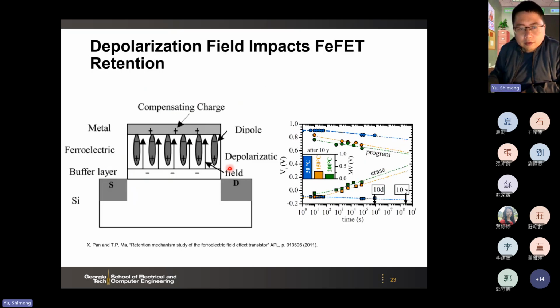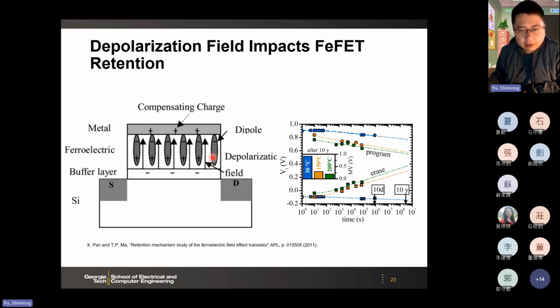And also there's a depolarization field that may impact the FeFET retention. So if you measure the retention, it will degrade over time. And this is because, if you look at it, it's still due to the interfacial layer. After the dipole flipped, then to balance the charge, here you will have some negative charge.